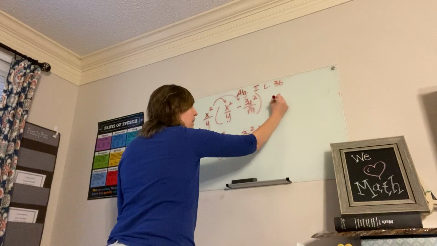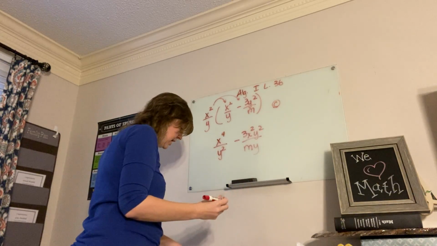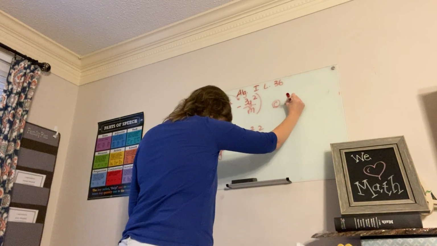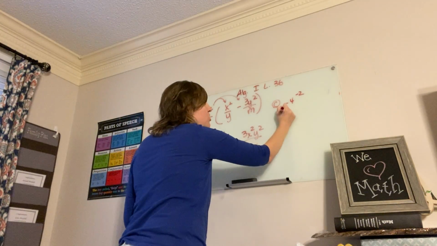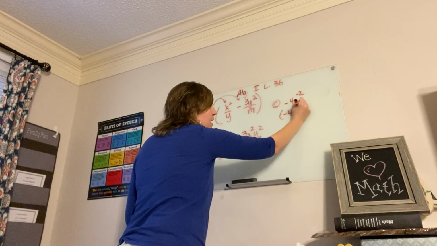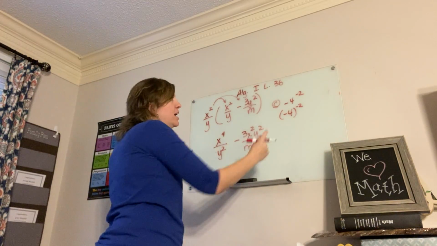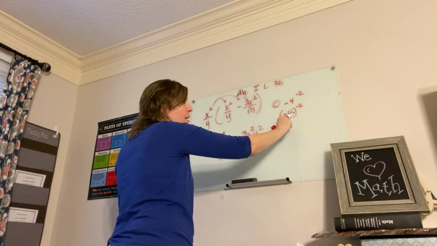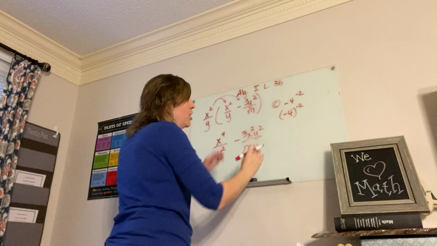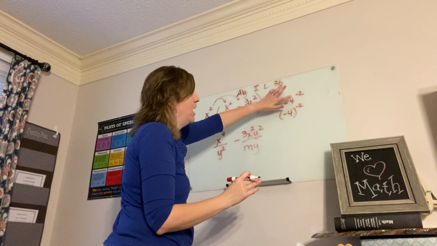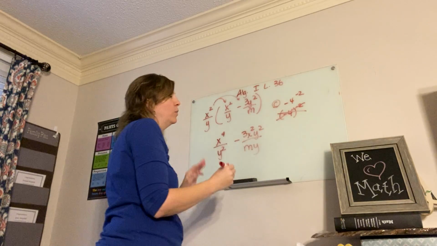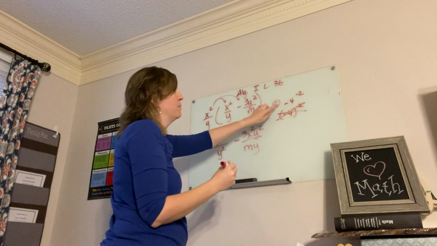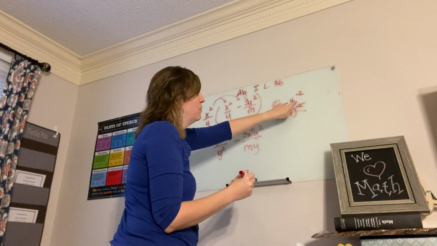Now let's take a look at letter C. Letter C says -4 to the -2. Be careful, friends, because this is not the same as this. This would say my whole base is -4. Your book teaches to cover that up and bring it over at the end, but I want to make sure we are not saying that is the same. The -2 is only what it's touching.